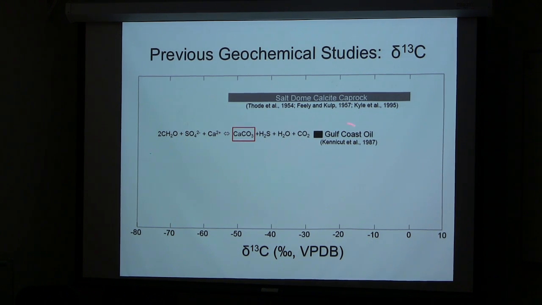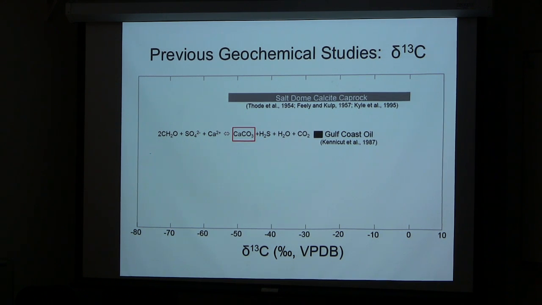However, you can see here that this Gulf Coast crude oil value is a relatively narrow range. It only ranges from about -28 to -23 per mil. So that doesn't really match up that well with our widely spread salt dome calcite caprock carbon isotope data, specifically in regards to our highly depleted carbon isotopes.